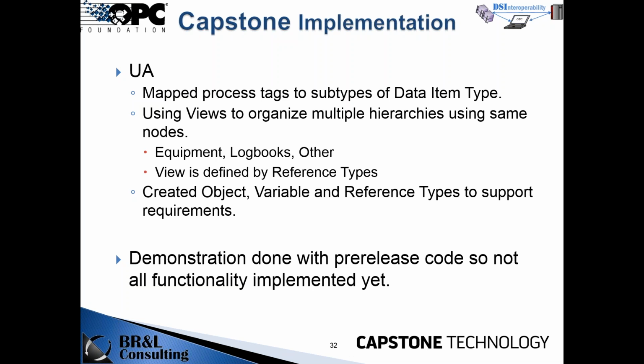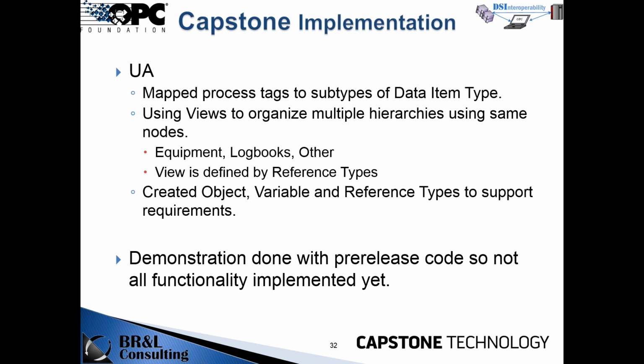Our implementation of views, and a view can be a server-defined look into the address space, but our implementation is using reference types to differentiate what belongs to which view.